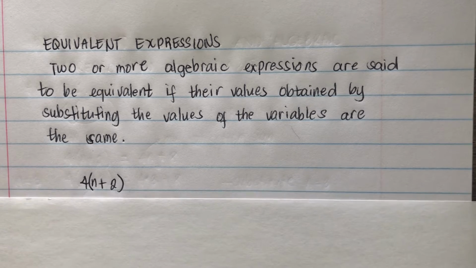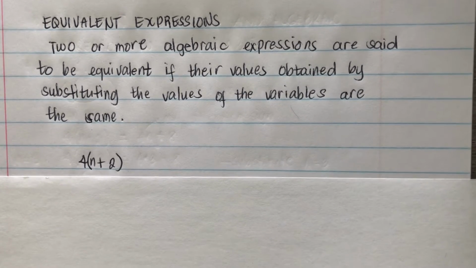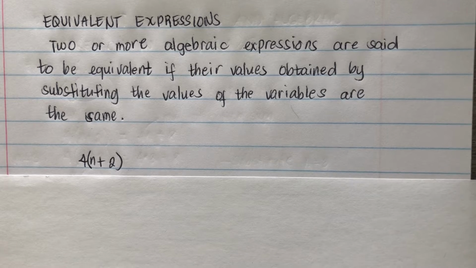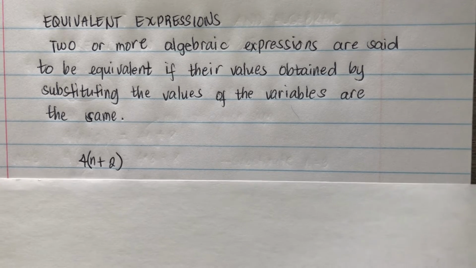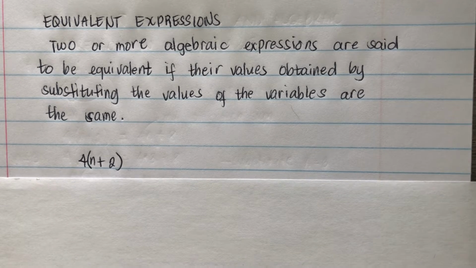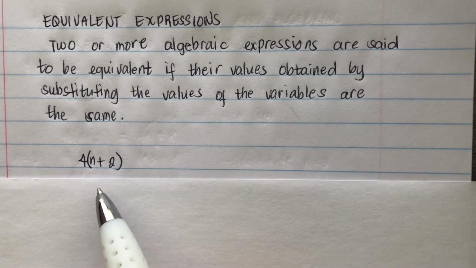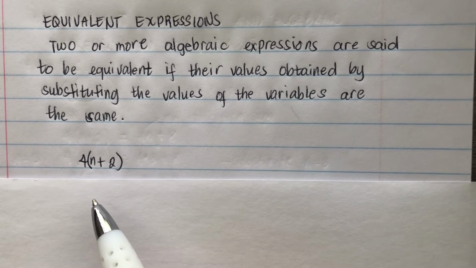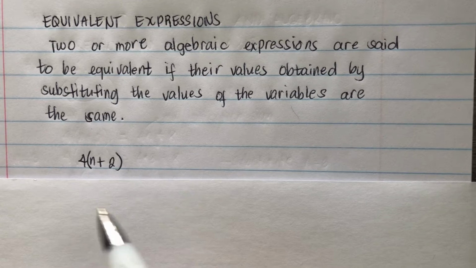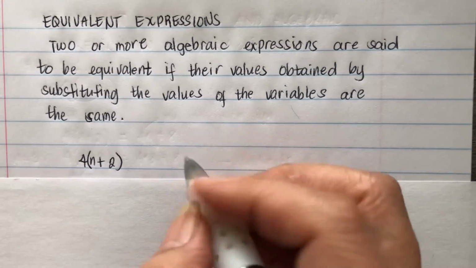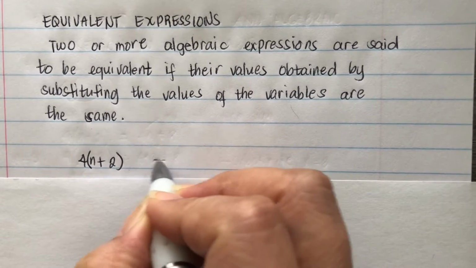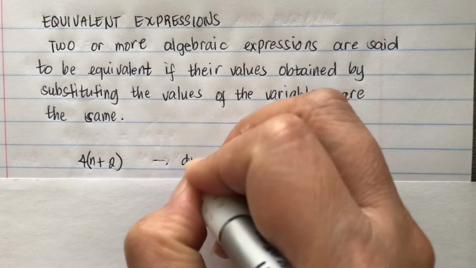So, for example, we have 4 times quantity n plus 2. Since it is in a parenthesis, in order for us to obtain an equivalent expression, we are going to use the distributive property.